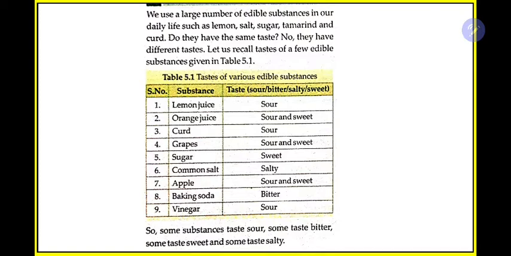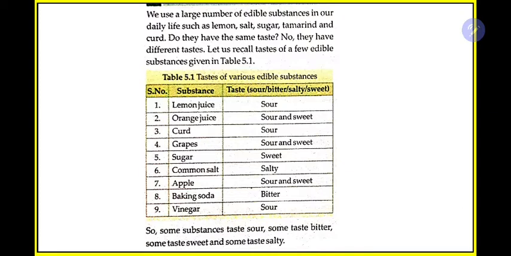At the same time, the orange can be sweet also. The taste of curd we eat is also sour. Then grapes can be sour as well as sweet. Sugar is always sweet. Then salt, the kind of salt we eat, common salt, is always salty in taste. Apple can be sour or sweet.